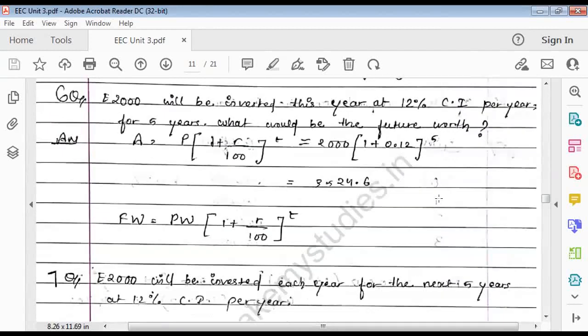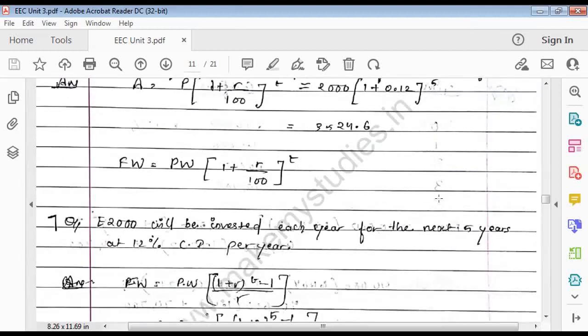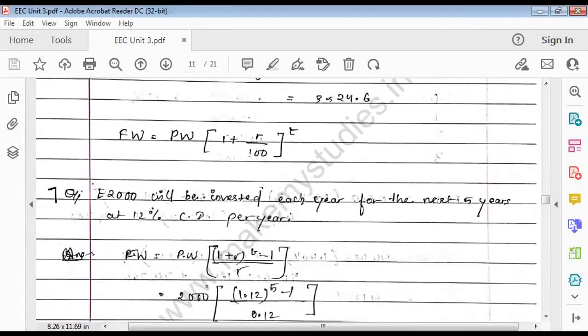Secondly, look at questions number 6 and 7. We have already discussed that the two formulas you see in these two numericals are the two formulas you would be using for solving any questions on the future worth method.